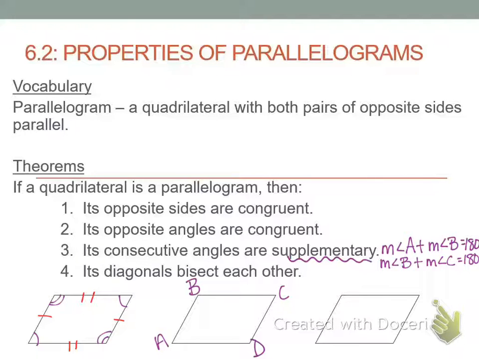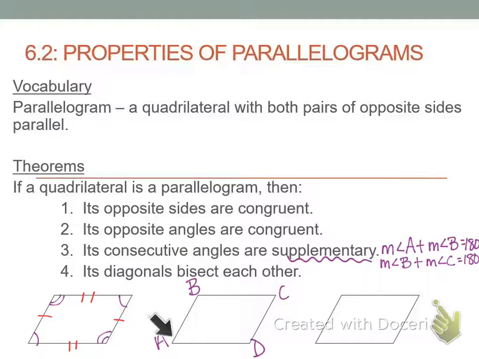How many diagonals are there going to be inside of a parallelogram? 2. Okay, remember a diagonal connects a vertex with a non-adjacent vertex.